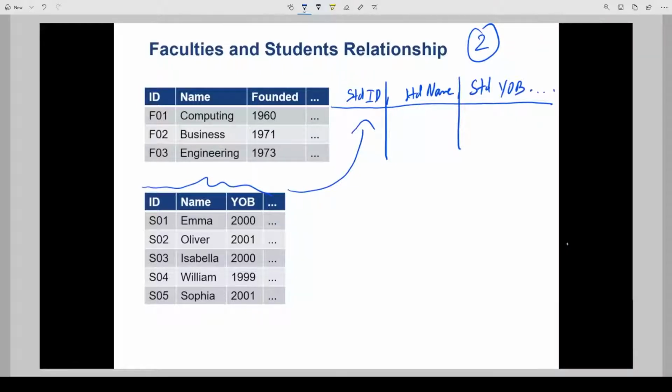So we have the second principle. Is it the simplest solution? We know that in a database, given the ID, we are always able to retrieve other attributes.